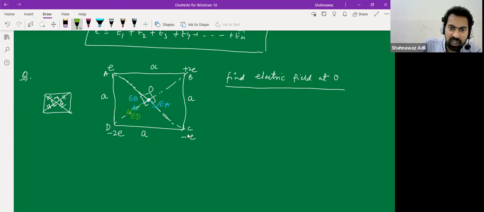And what would be the direction due to this minus E? This is A point, not E point, right? So this would be the direction, EC. You see that these are in the same direction, so we can add EA and EC, right?